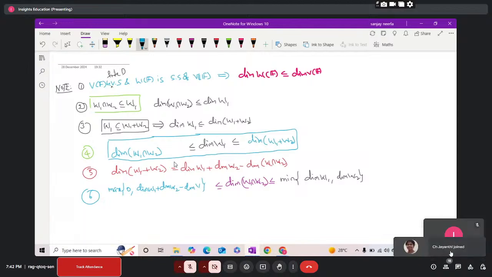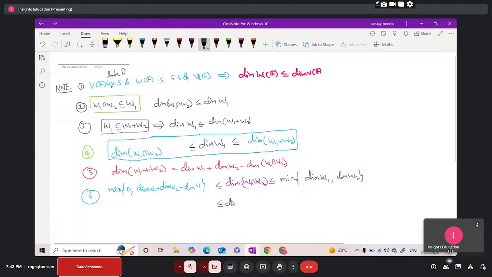Next one, similarly, we have to find the minimum and maximum of the dimension of W1 plus W2. Same here also, on the right hand side, the minimum of the dimension of V and the dimension of W1 plus the dimension of W2. Very good.